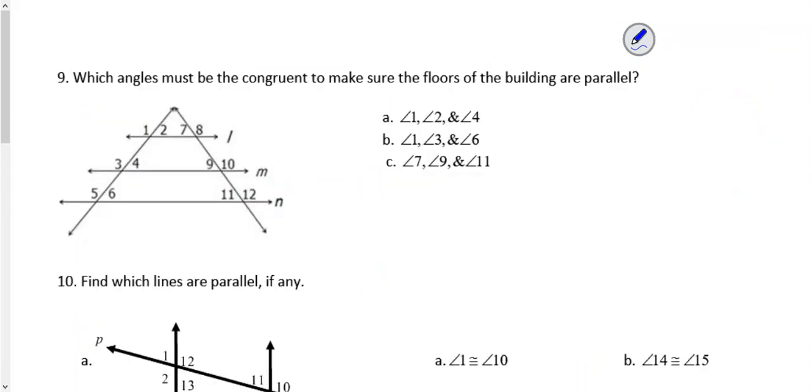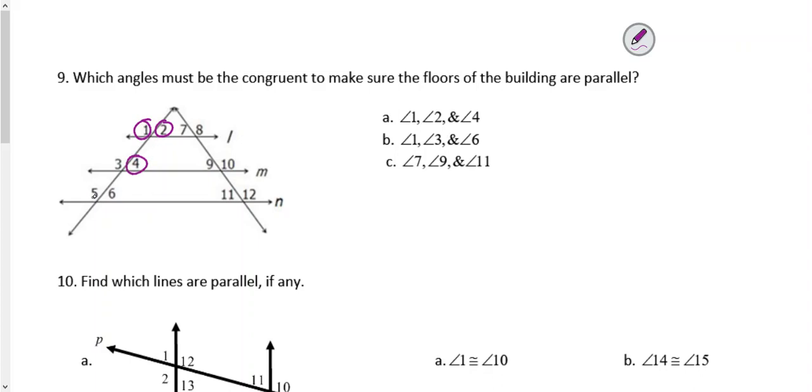All right, if we flip the page. Number 9, which angles must be congruent to make sure the floors of the building are parallel? So in order to figure this out, you need a number on each line. And they have to be in the same place. So if we look, we have 1, we have 2, we have 4.